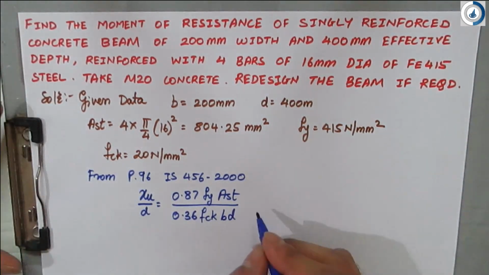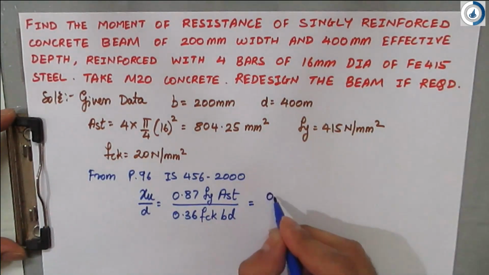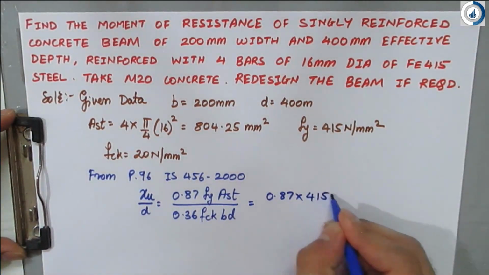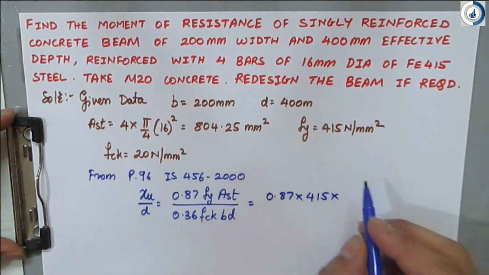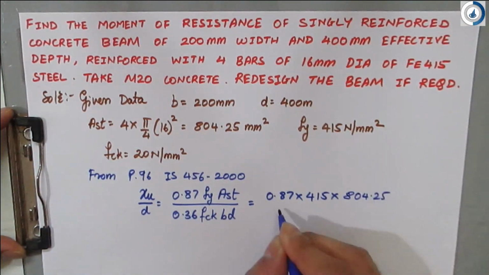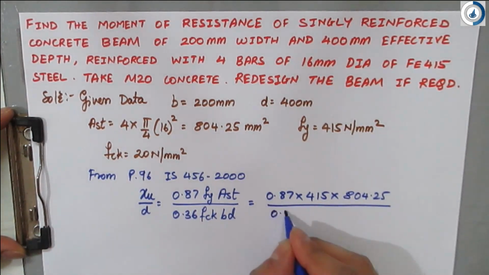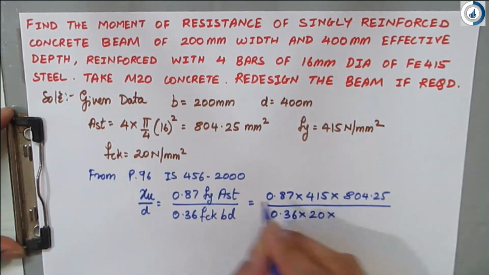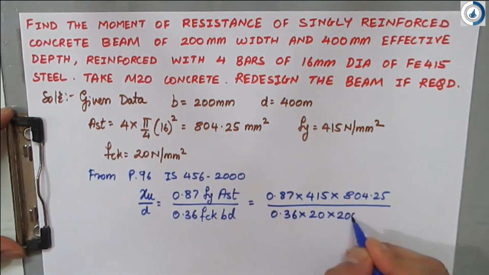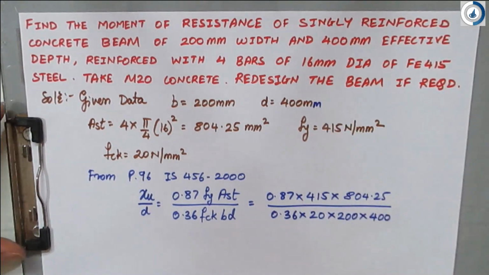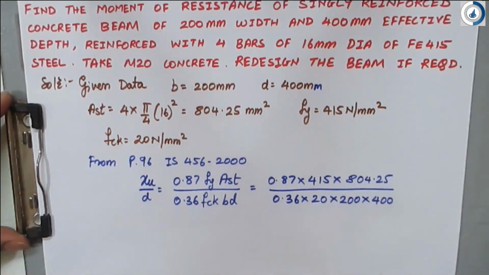Now we will substitute the values: 0.87, fy is 415, Ast we have calculated as 804.25, divided by 0.36, fck is 20 for the grade of concrete, b given is 200 mm and d given is 400 mm.